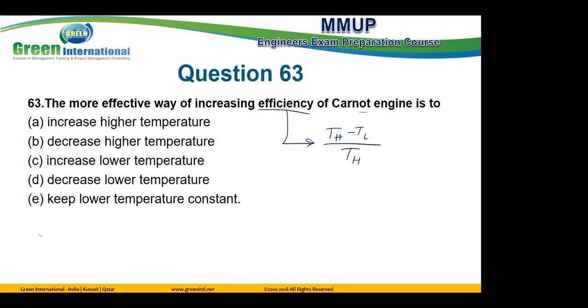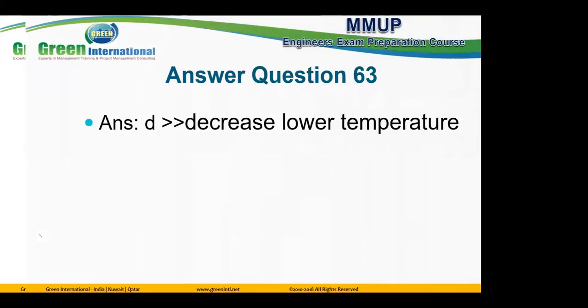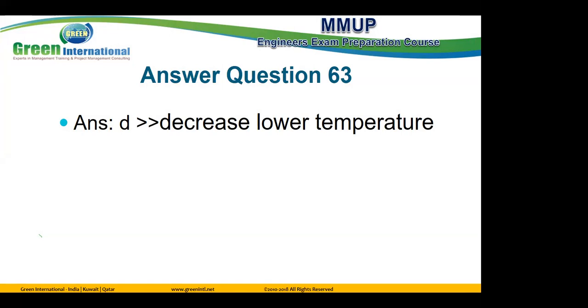D. B, no, not B. The sure thing: decrease the lower temperature. If you decrease this one, this term is going to be higher, so the total efficiency increases. So for sure, decrease the lower temperature.